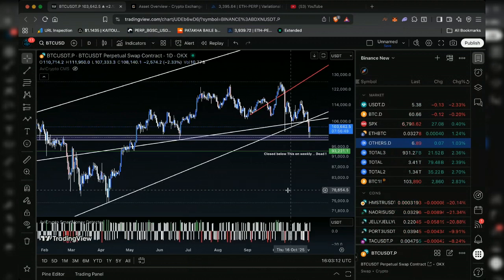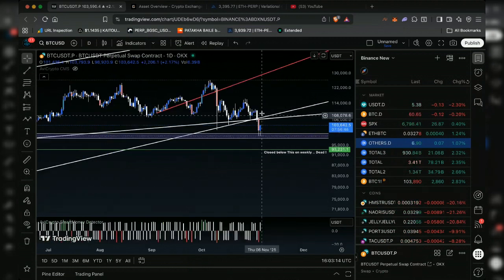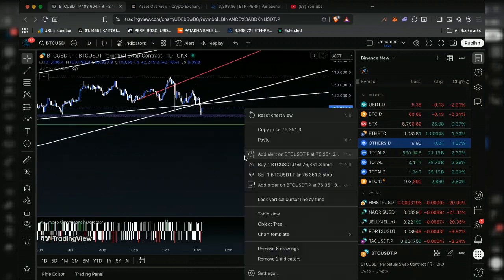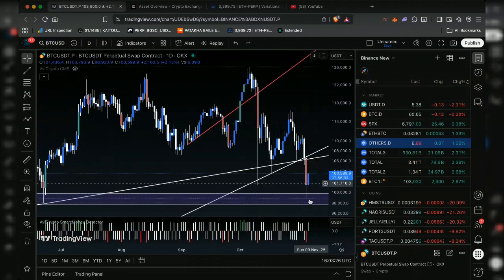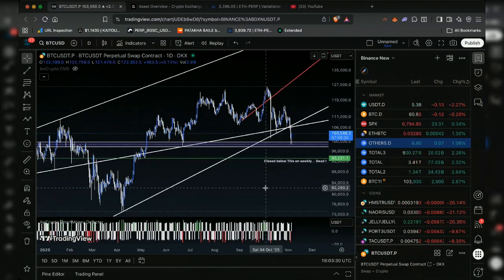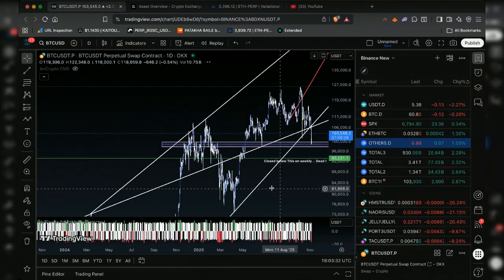Right, so these are the trend lines, and according to that as well, this 106 and 107 will be the level where we will be having some resistances. And exactly, we have tapped this level twice, and then we have started pumping a bit, which is a good sign for the short term.